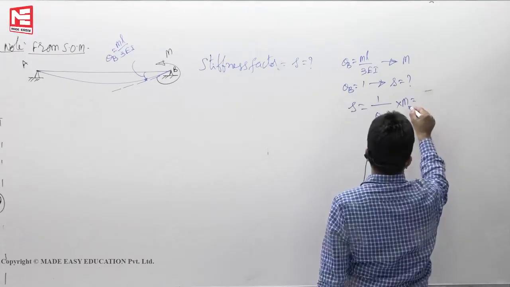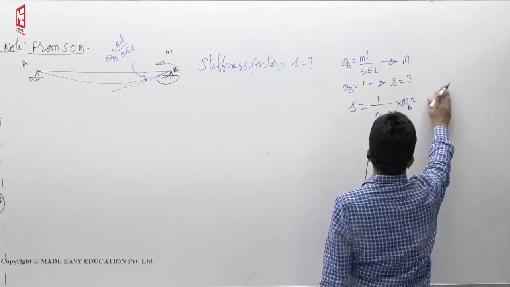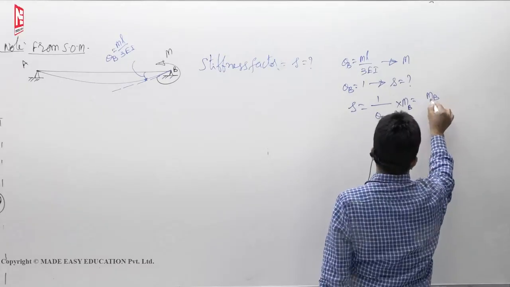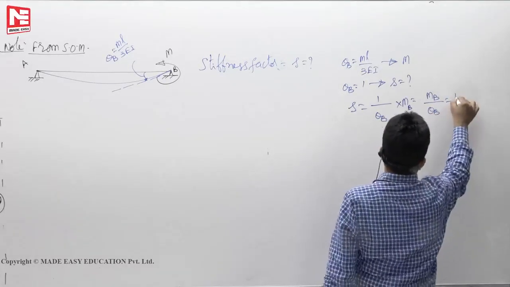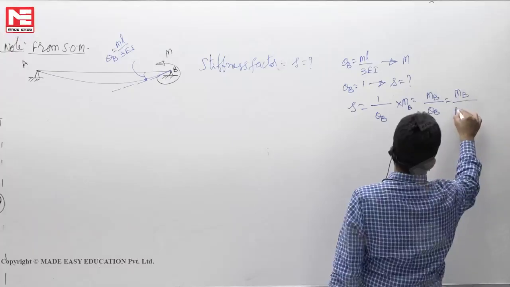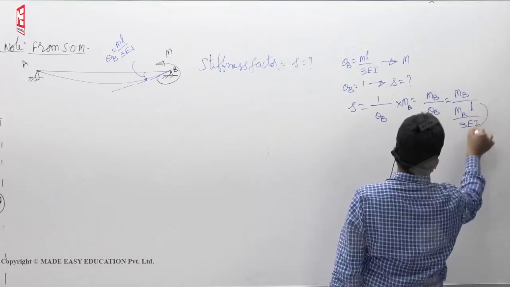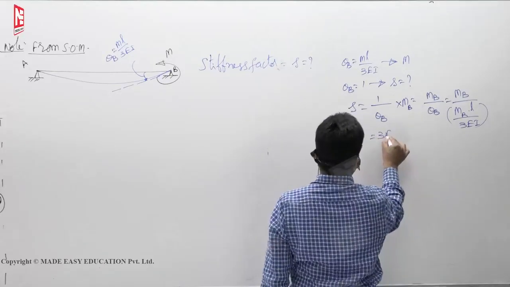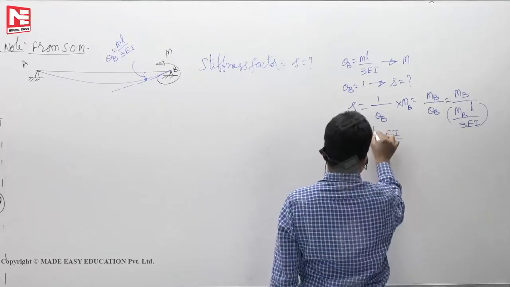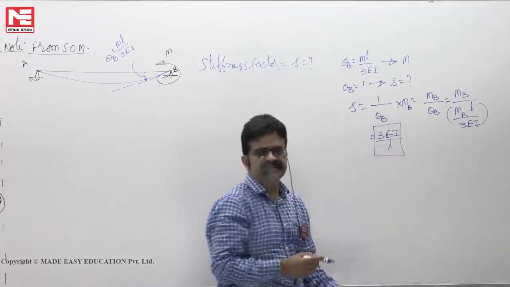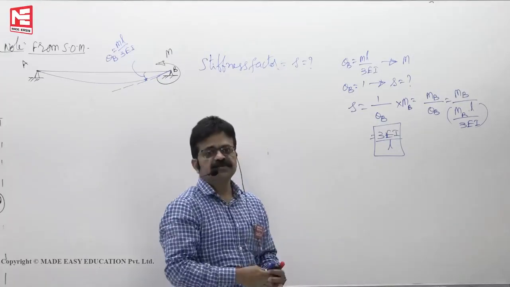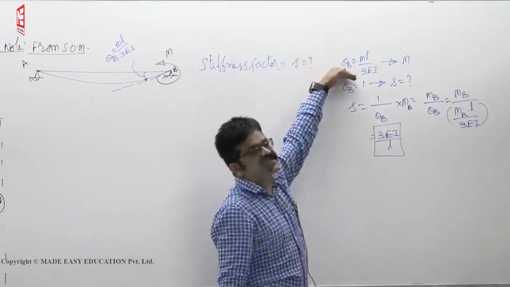Or you can write M_B by theta B. M_B by theta B is M divided by ML by 3EI. So finally you will get 3EI by L. The derivation of this is like that. In strength of materials, you stopped here itself.